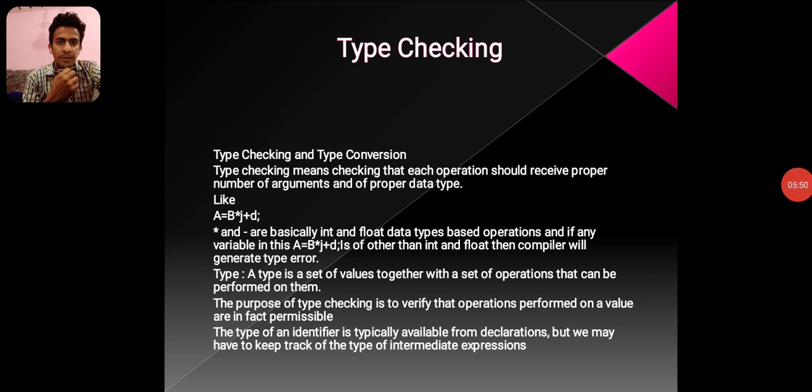Type checking means checking that each operation should receive the proper number of arguments and of proper data types, like a = b * j + d. The operators plus, star, slash and minus are basically integer and float data type based operations, and if any variable in this expression is of a type other than int and float, then the compiler will generate a type error.